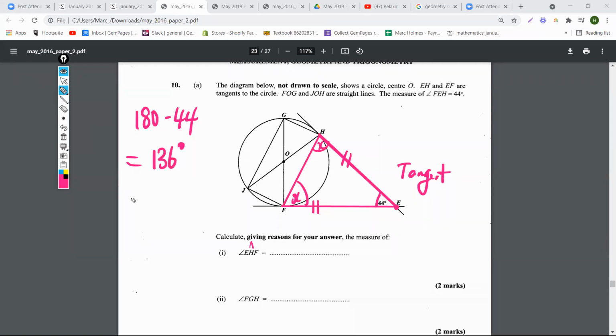136 degrees. So 136 degrees, guys, should be equal to X and X, which is 2X. These angles are the same because it's an isosceles triangle. And if we divide both sides by 2, we should end up with 68. X is equal to 68 degrees. So this angle is 68 degrees for sure.